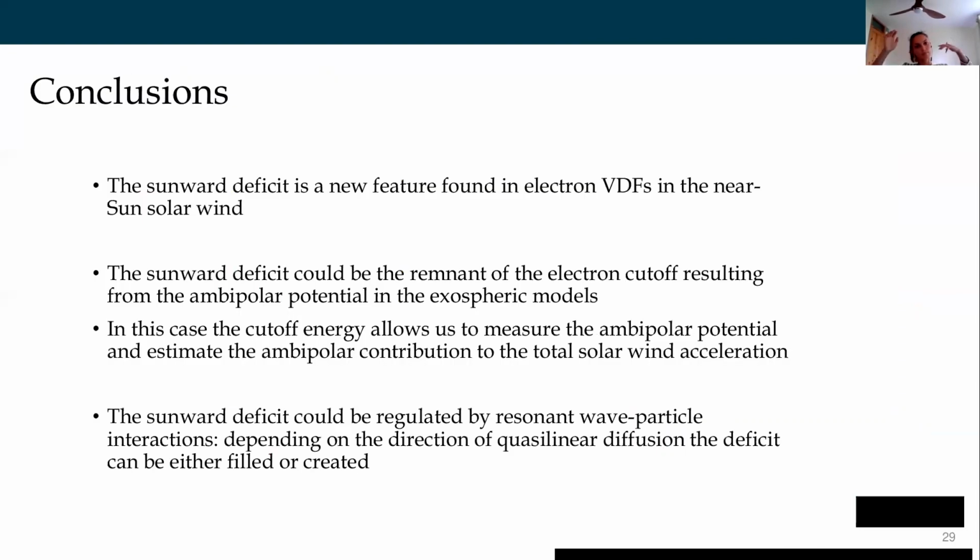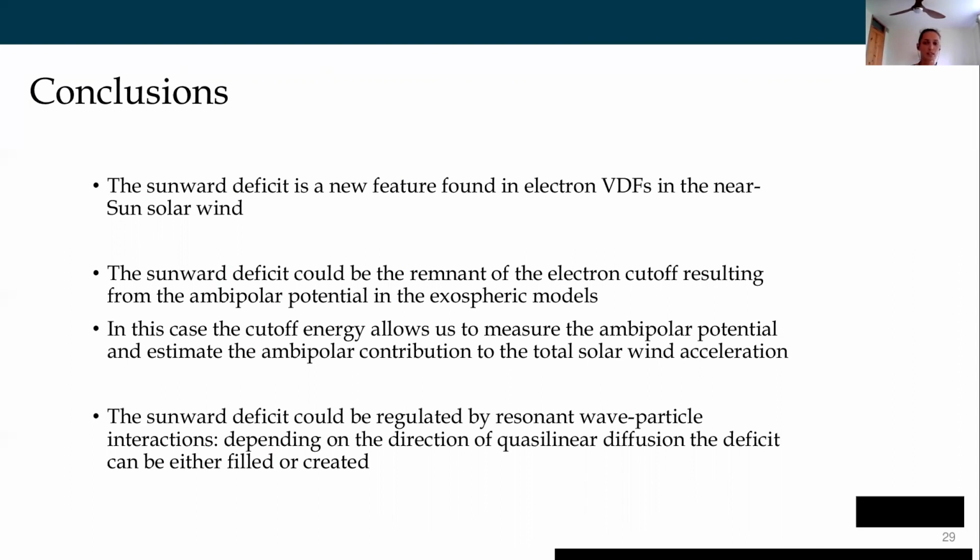Okay, so this brings us to the end of my talk. What I tried to show you today is what the sunward deficit is and what its properties are. And I tried to discuss which physical mechanisms could be responsible for its creation and disappearance. So we saw that this deficit could be a consequence of the exospheric cutoff, something that comes from exospheric models.